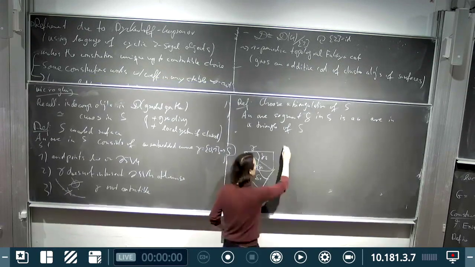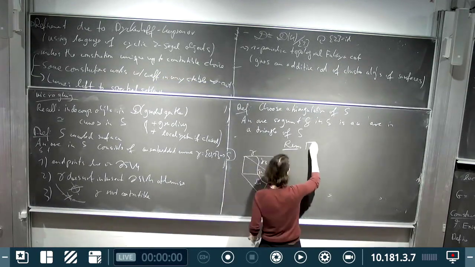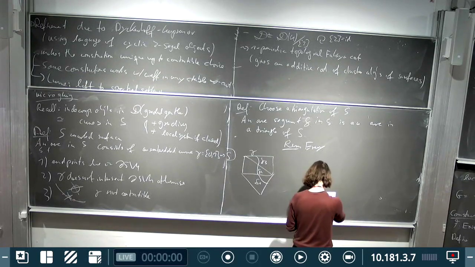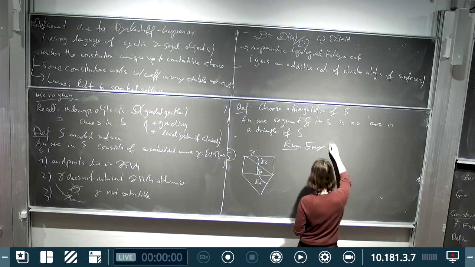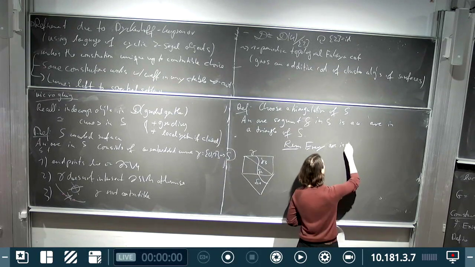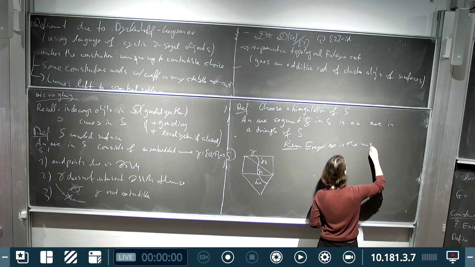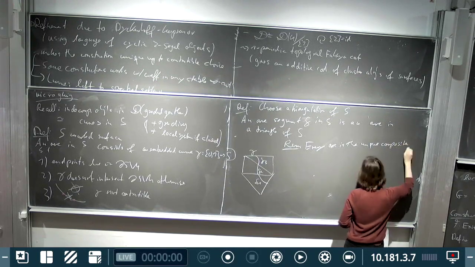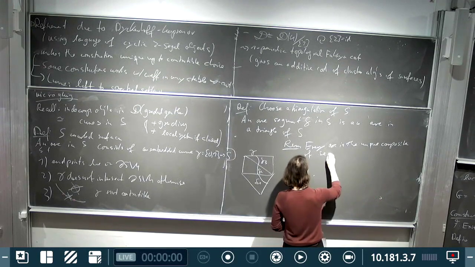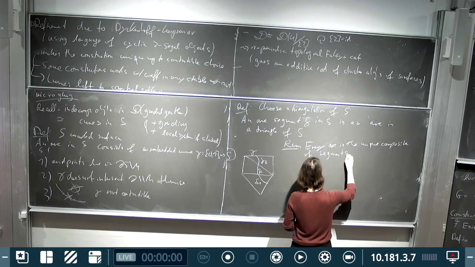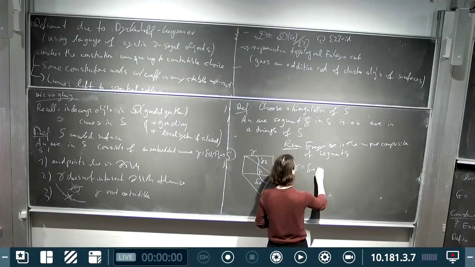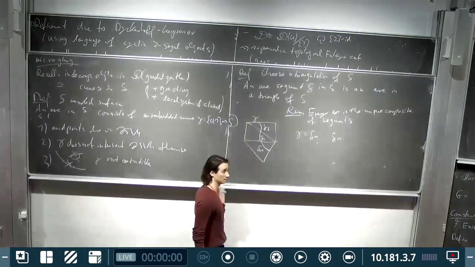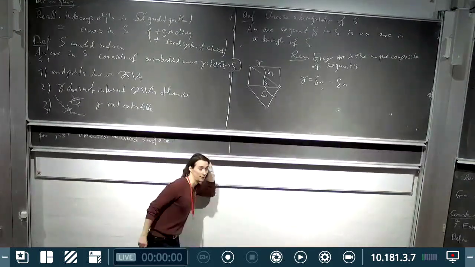And so the remark is that every arc is the unique composite of segments. Gamma is delta 1 through delta s. It's a simple topological fact.